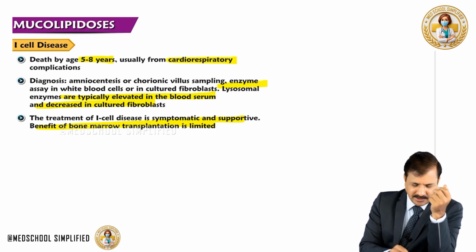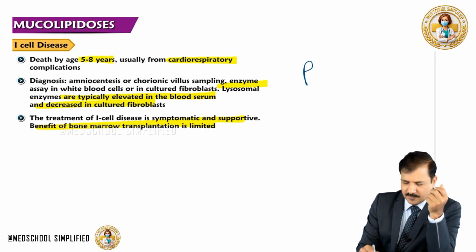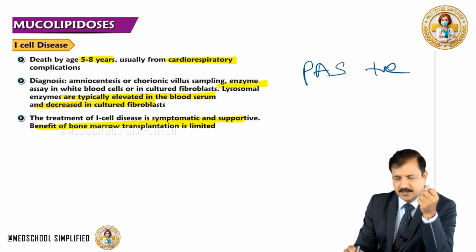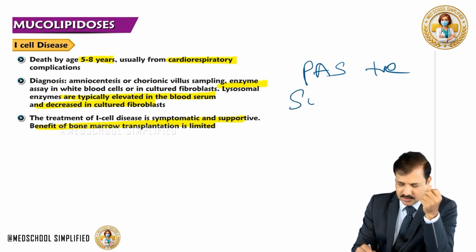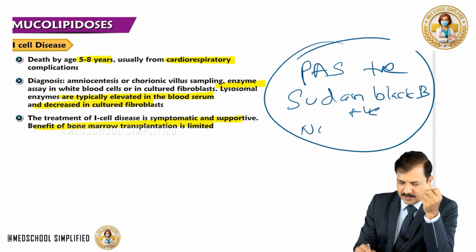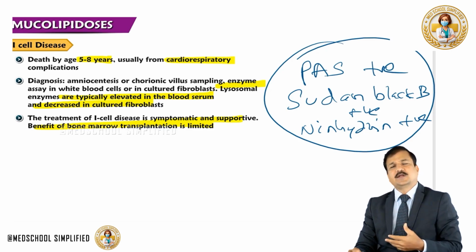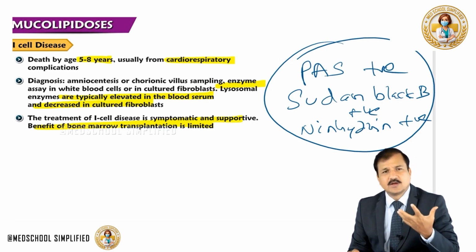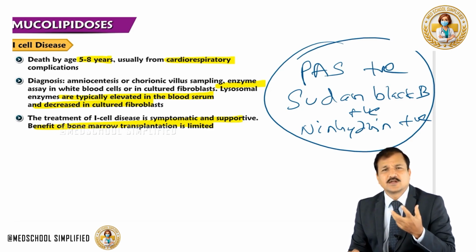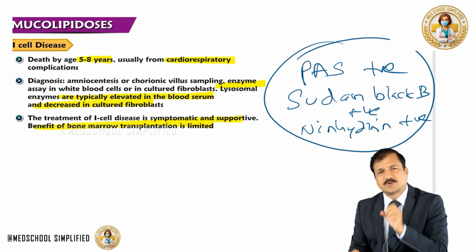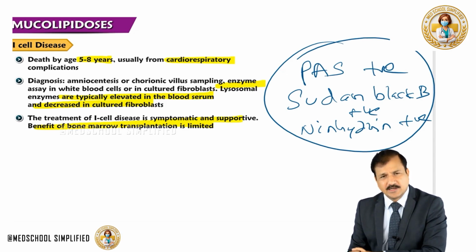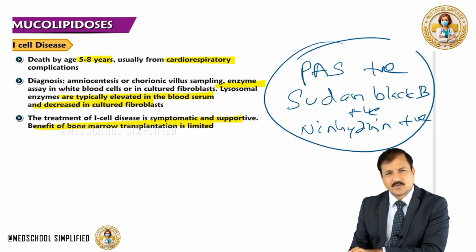So, the staining material here will show positive for PAS, so PAS positive material, that is periodic acid-Schiff material for carbohydrate, and also Sudan black B positive material, and can stain with ninhydrin for protein, ninhydrin positive material. So, all kinds of material being accumulated in the lysosome will differentiate it from Hurler syndrome. In Hurler syndrome, it is only PAS positive material, not Sudan black B material, which is for lipid.